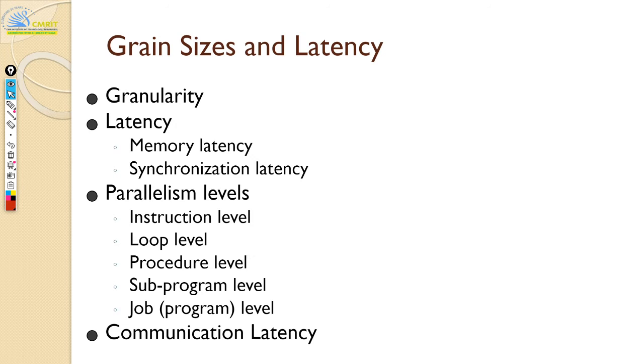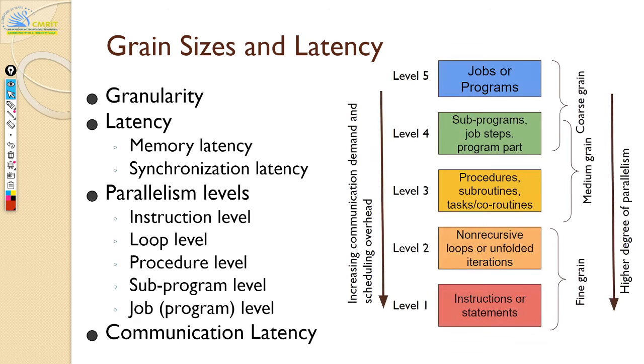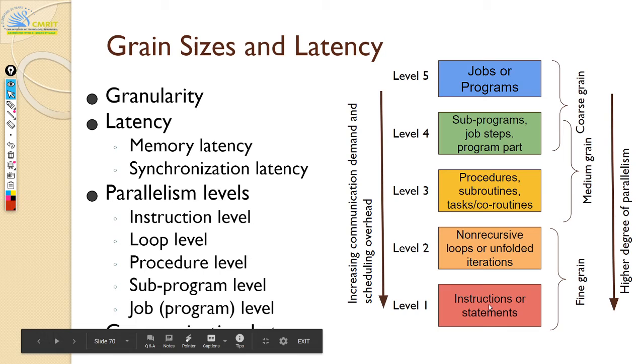Okay, and we saw about communication latency, right? So this is a diagram that gives you a good idea. As we see here, it goes from instruction level all the way to loops, procedures, subprograms, jobs, or application level.